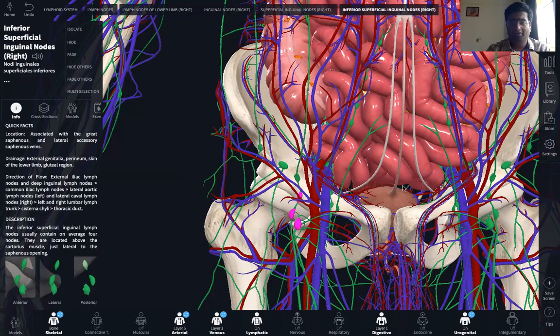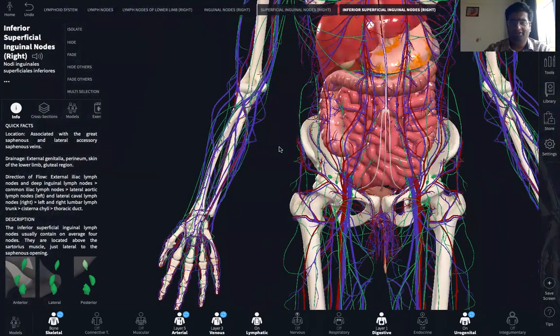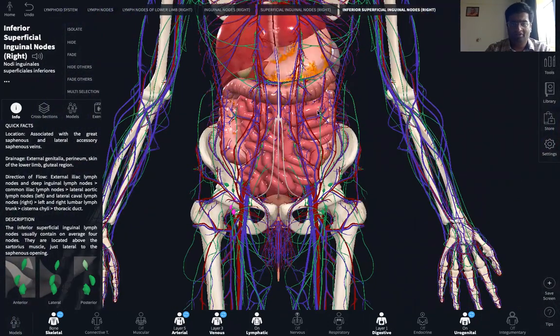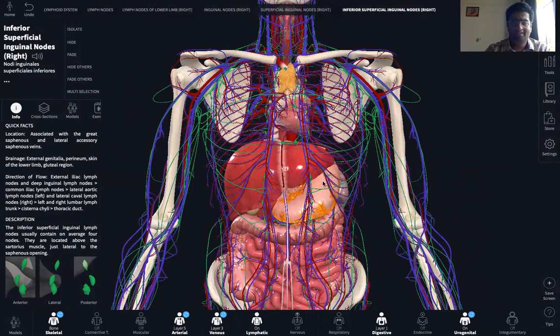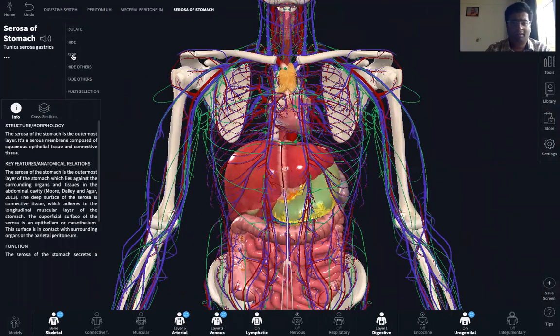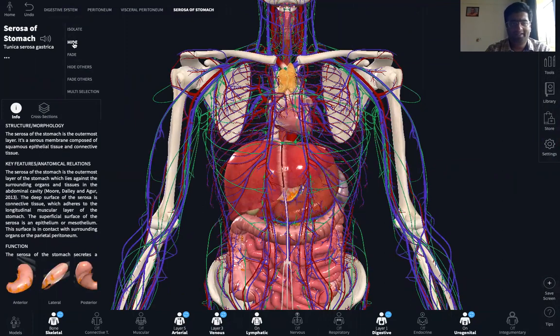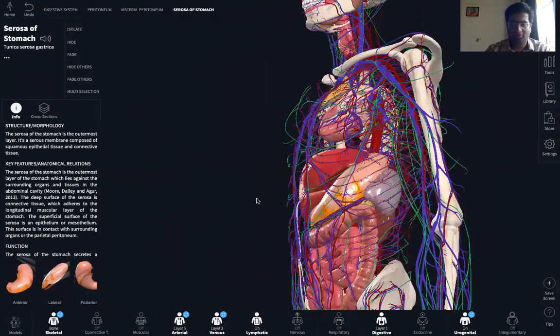Now, the main organ of our lymphatic circulation is the spleen. So if I have to show you the location of the spleen, I will just hide the stomach here, because the spleen is located behind the stomach. You can see here, if I turn it around, that is easier.